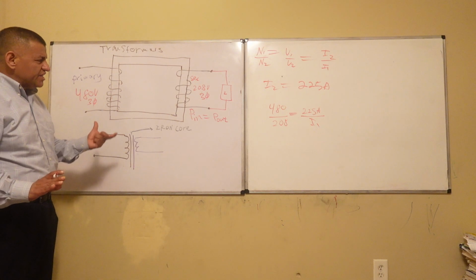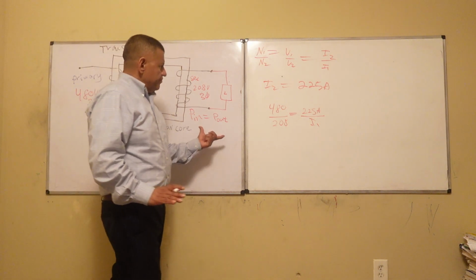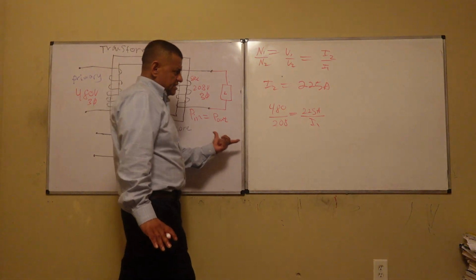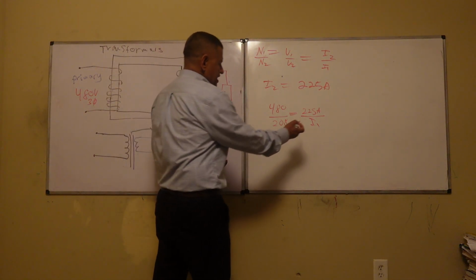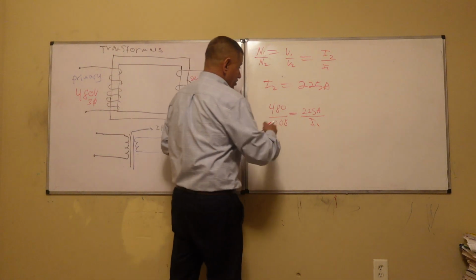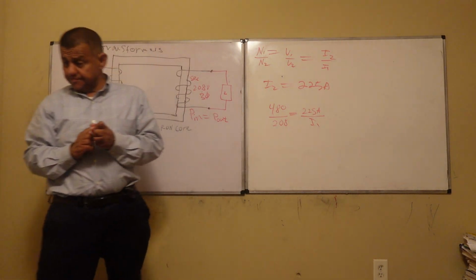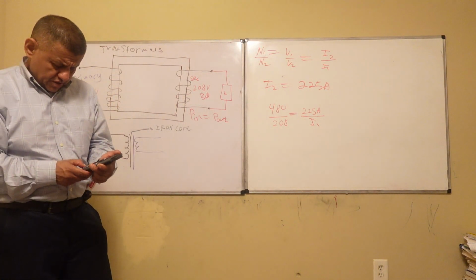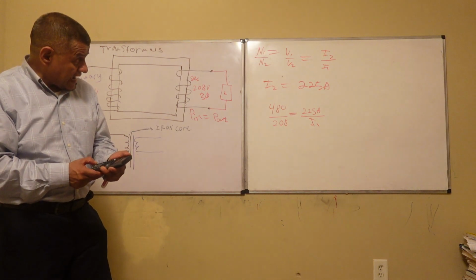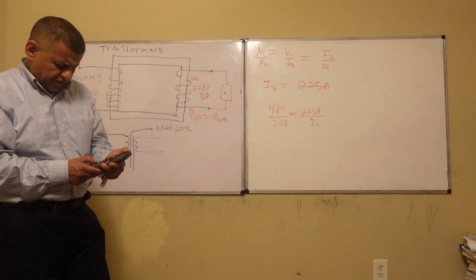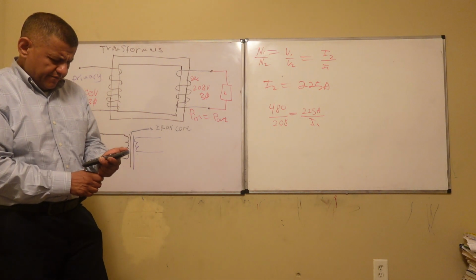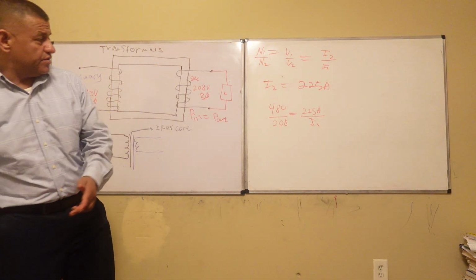So what do I do? Now let's do this, and then we prove it with this. We cross multiply these: 208 times 225 is equal to 46800.